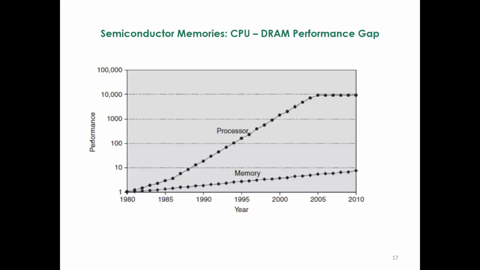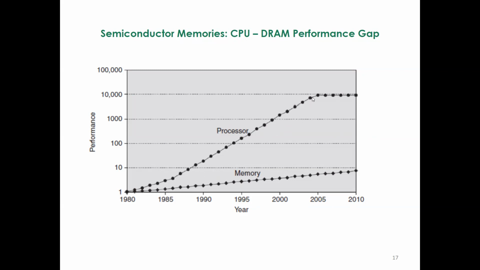Okay, so this is a diagram that really captures what we have been discussing, the fact that you have a gap between your processor and your memory. The processor is fast. It's faster than your memory.